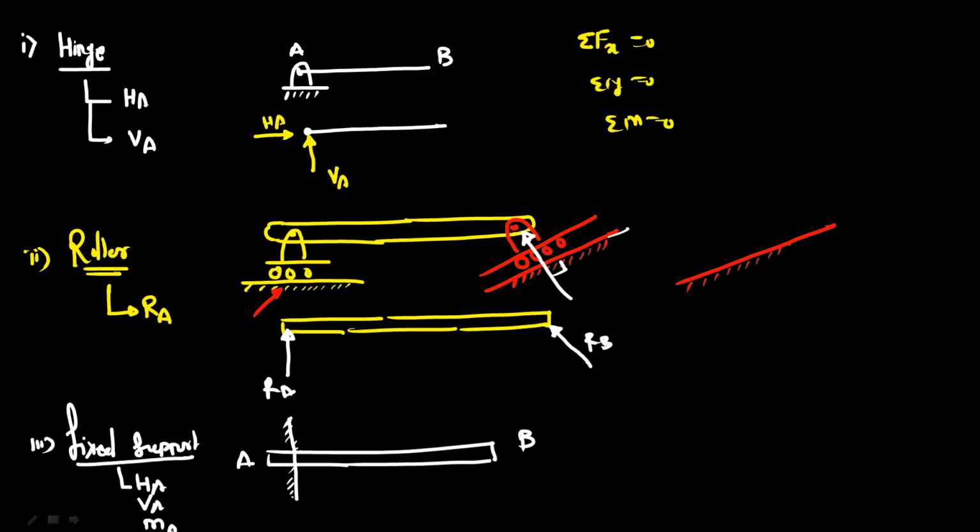So point A is the fixed point for the beam AB. When you draw the free body diagram, this is the vertical reaction, this is the horizontal reaction, and you should show the moment reaction. So this is the moment reaction. This is the fixed support.